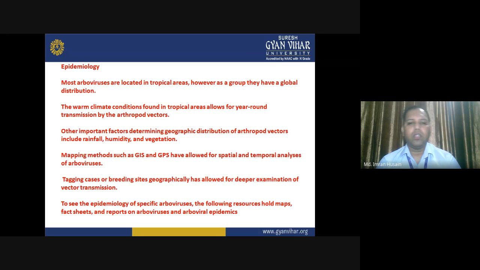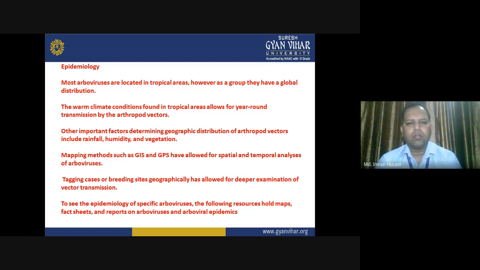So now we can determine the distribution of arbovirus with the help of GIS and GPS, and we can readily predict to which area it is substantially distributed.